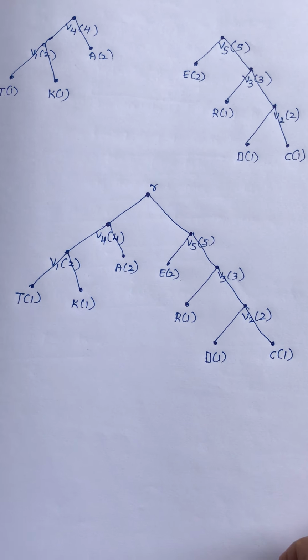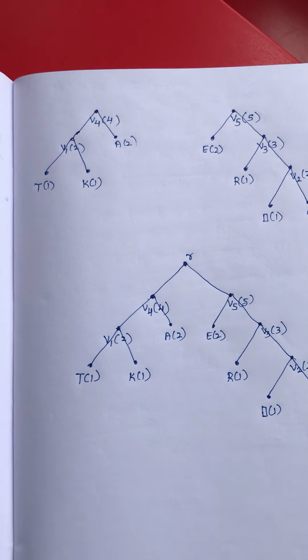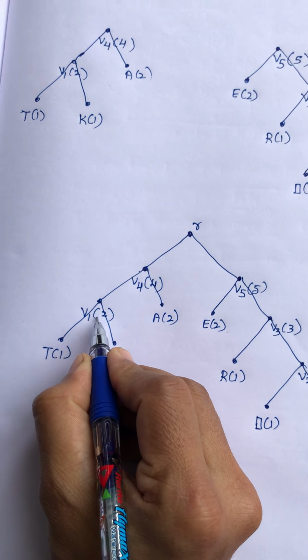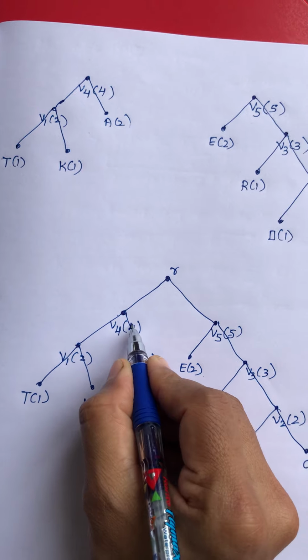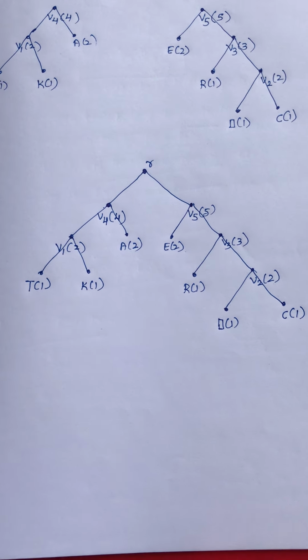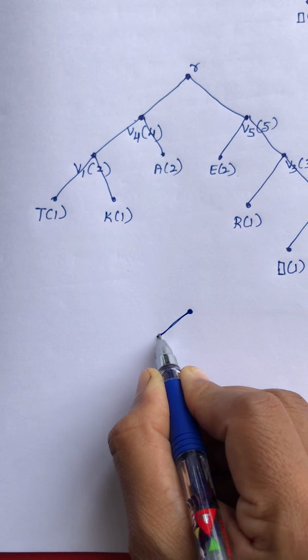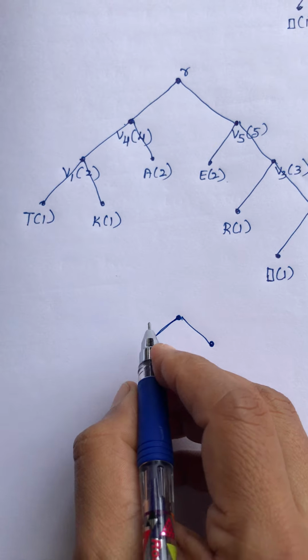In the next step, we have to copy the same thing. Even if you leave out whatever is within the brackets, it's fine. You can just rewrite the graph like this.